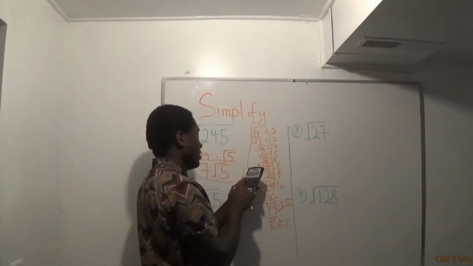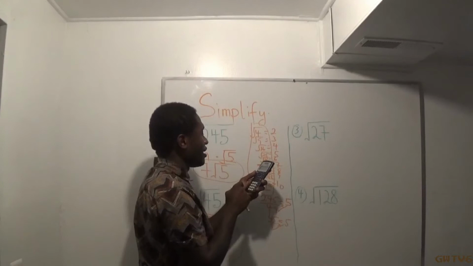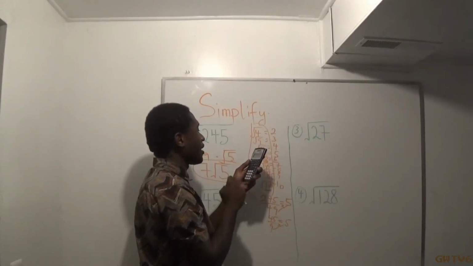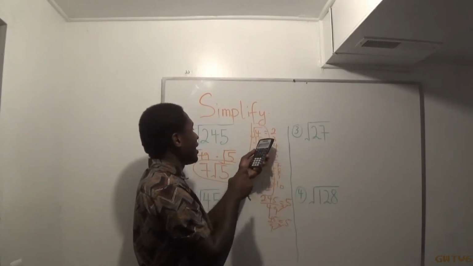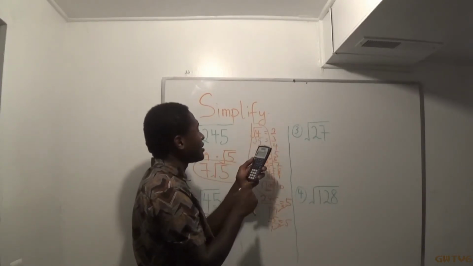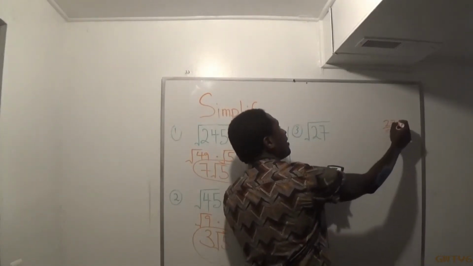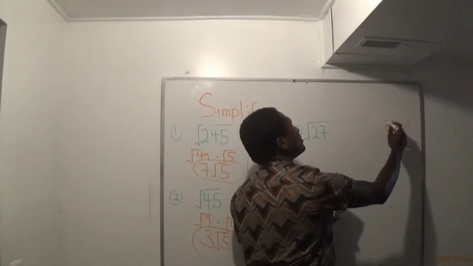And I keep going. So 27 divided by 25, that gave me a decimal. 27 divided by 16, that gave me a decimal. 27 divided by 9, that is 3. So when I got to 27 divided by 9, I got 3. So that means 9 times 3 is 27.